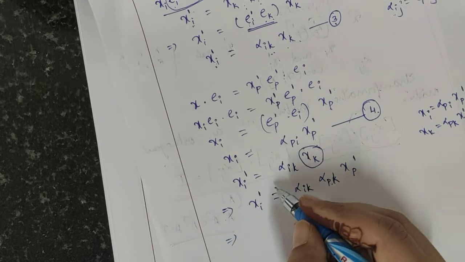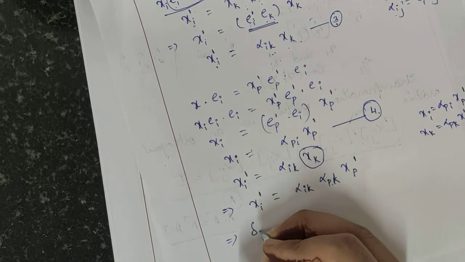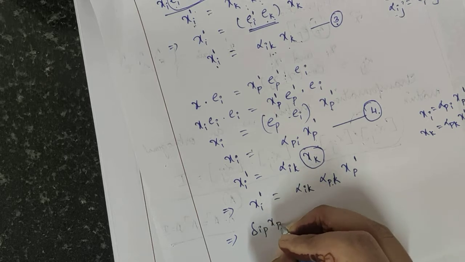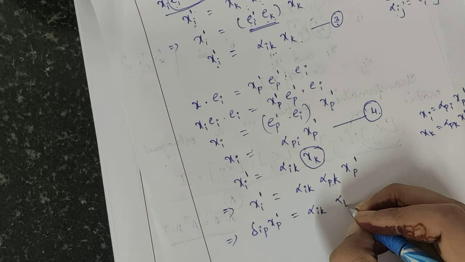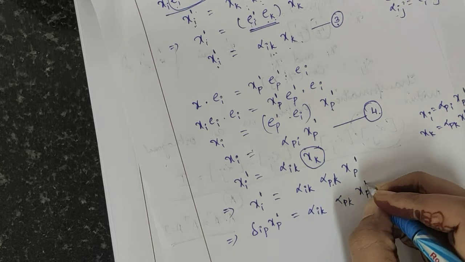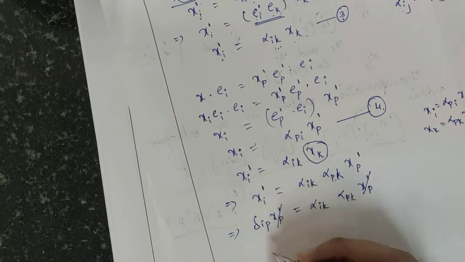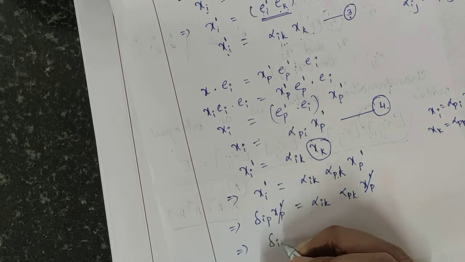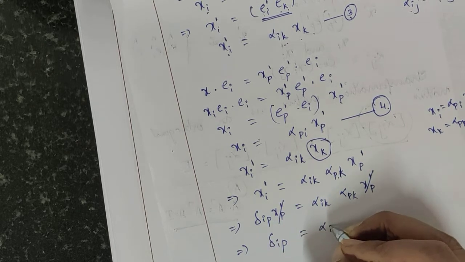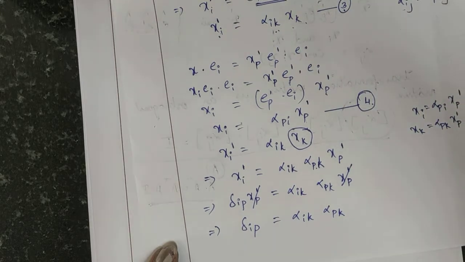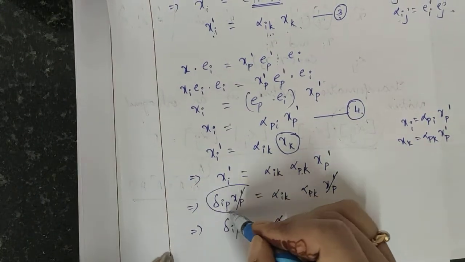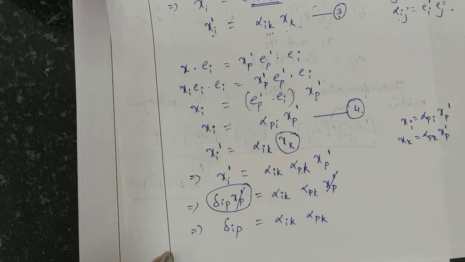So this implies I can write xi prime as delta ip xp prime. This is equal to alpha ik alpha pk xp prime. xp prime gets cancelled, so this will become delta ip is equal to alpha ik alpha pk. This is using the substitution property of your delta.